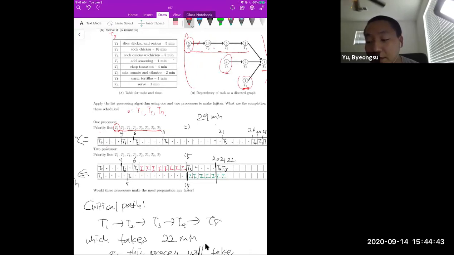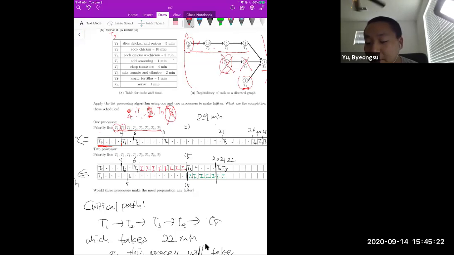And here, you can see that T5 is the most prioritized among T1, T5, T7. So you do T5 first, then T5 is deleted. Then after 4 minutes, you are ready for T1, T7, T6, right? So here again, T6 is the most highly prioritized one. So you need to do T6 again and delete it.